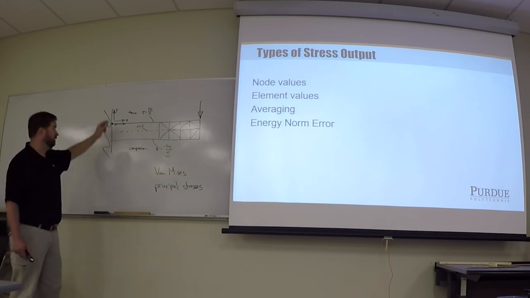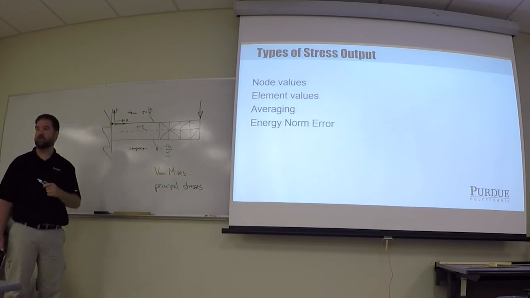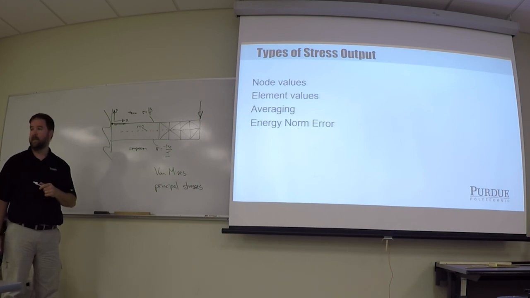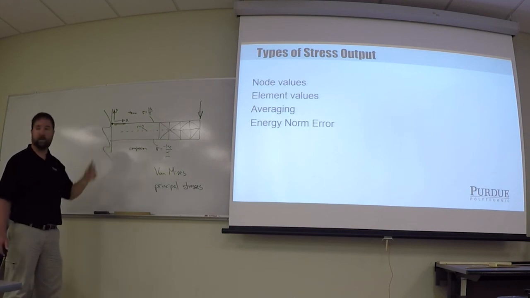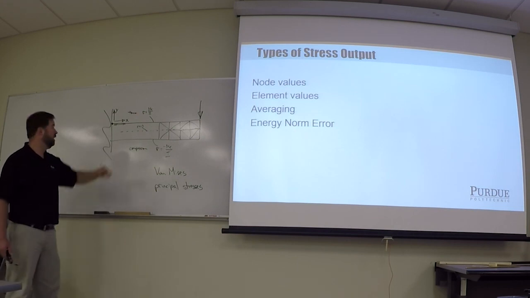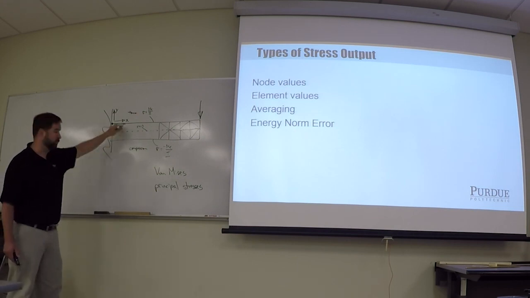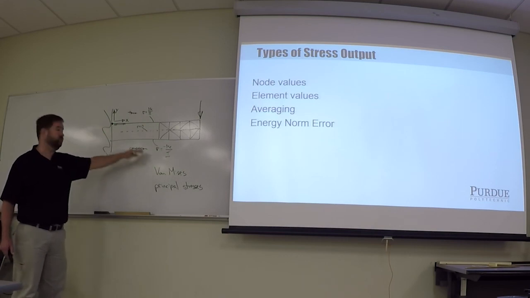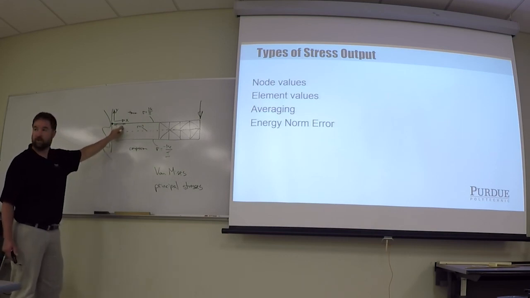So if I create a plot of the y direction stresses, what am I going to get? Probably nothing. Unless I have some, well, no, I will get nothing in this case, for this loading case. So if I plot the x direction stresses and I plot the von Mises stresses, those two plots should look identical. Values should be the same. If I plot the y direction stresses, I'm going to get zeros.